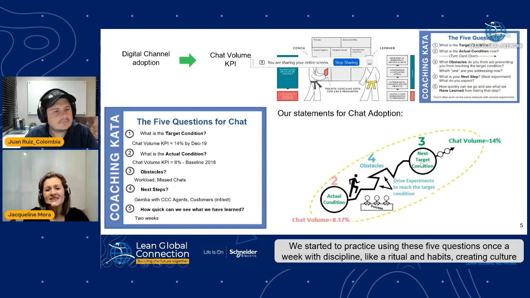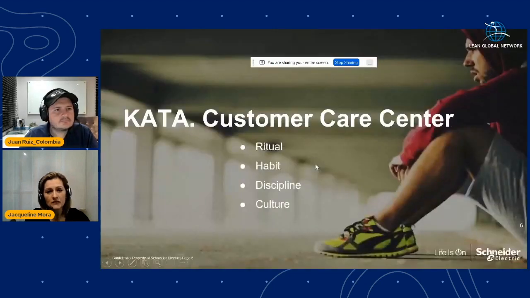So we started to practice using these 5 questions, thanks to discipline, like a ritual, with a lot of habits, and for sure, creating culture in our team. This is the base of Kata. Because Kata is like a sport. And for us, it's a beautiful sport, and we practice a lot of ritual, habits, discipline, and culture, because you need practice and practice, failures and failures, and enjoy the journey with your team.